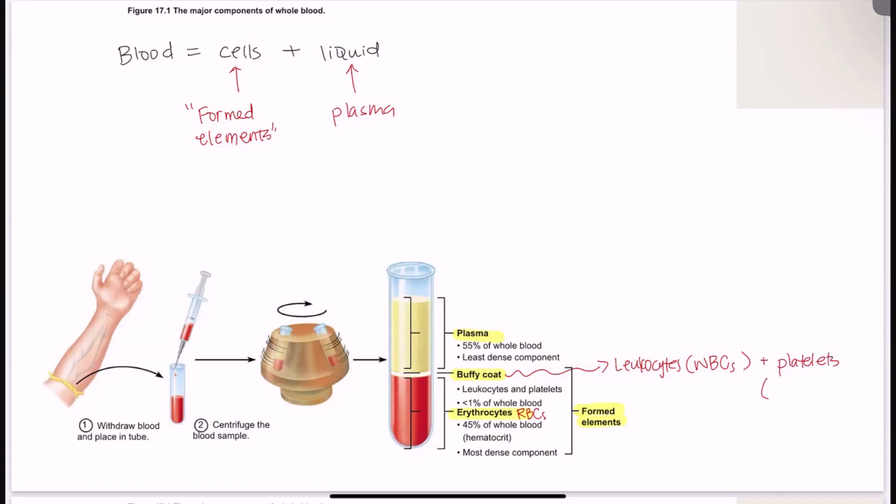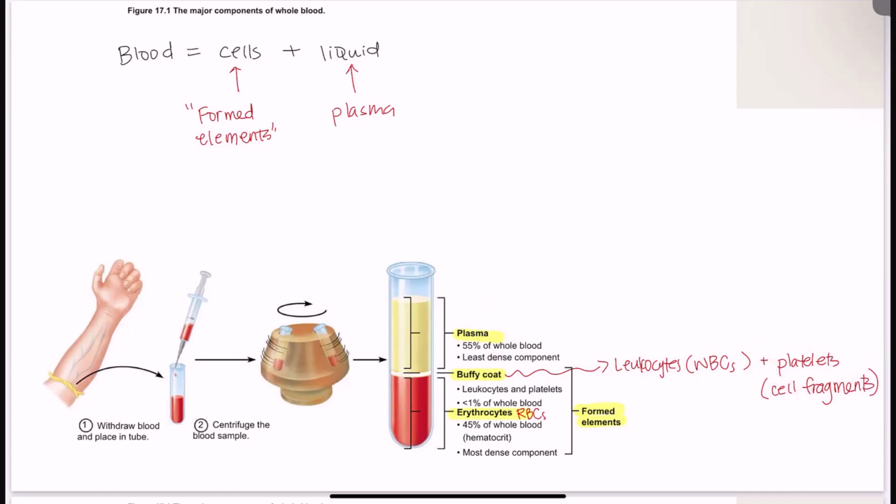And platelets are actually cell fragments, like little bits of cell. Note that this word platelets sounds really similar to plasma. So just be mindful that those words are similar, but they're really different. Platelets are cell fragments, plasma is the liquid part of the blood.